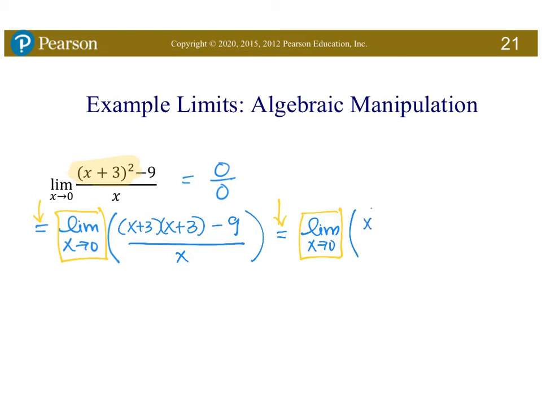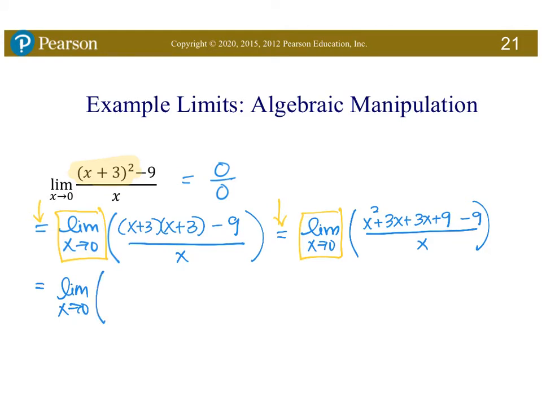So I'm going to do the FOIL. So I'm going to have x squared plus 3x plus 3x plus 9. I still have minus 9. I still have over x. Equals. I'm still doing algebra, so I still need the limit and I still need a parentheses.